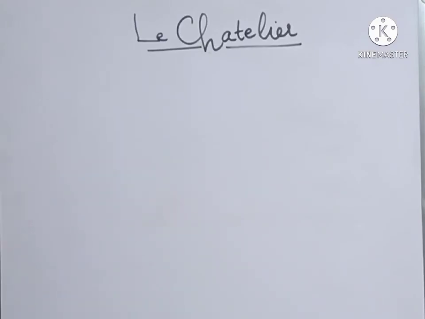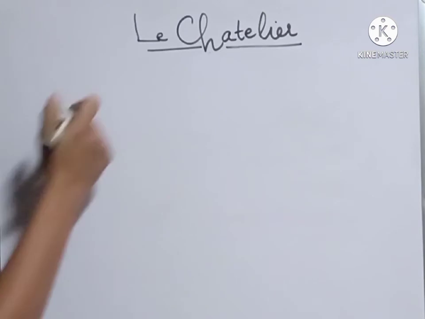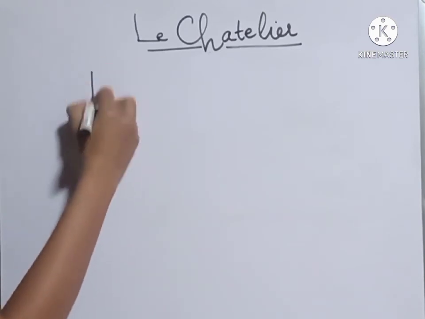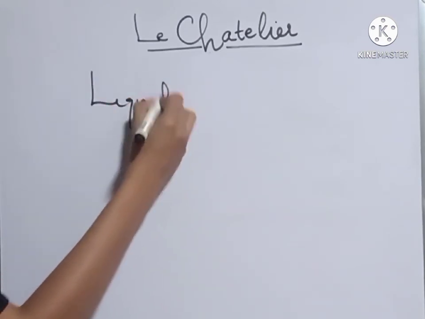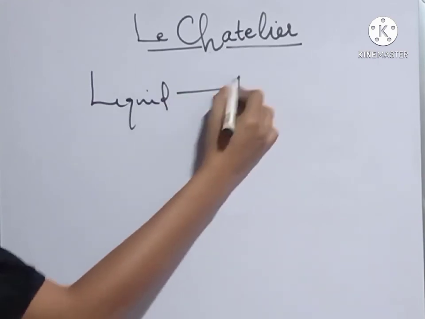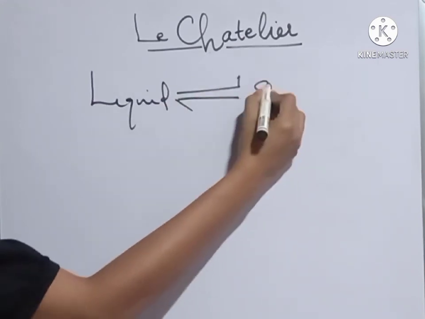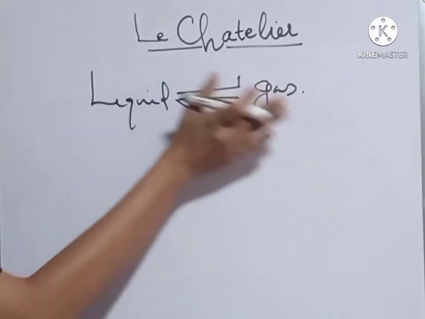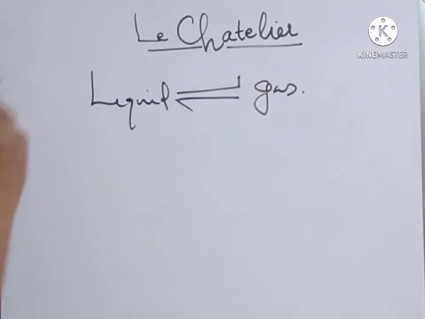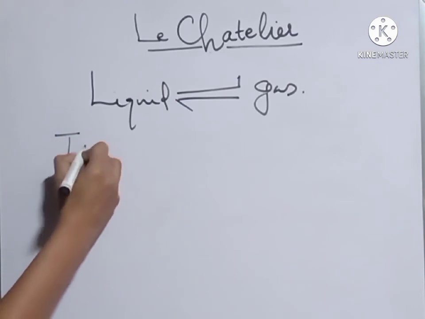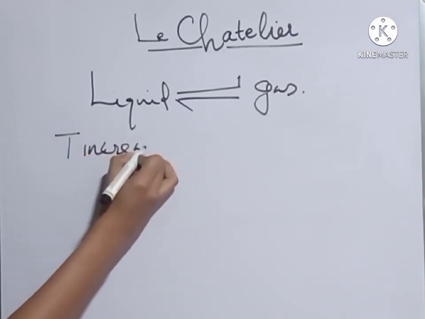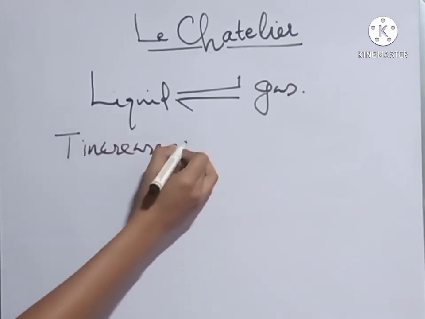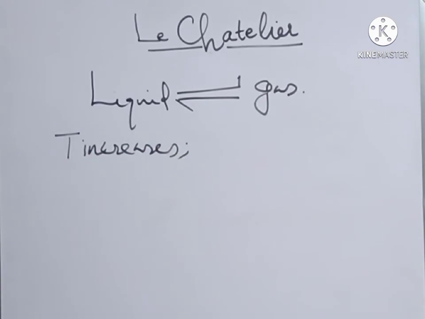So let us take the equilibrium of evaporation and condensation, that is the equilibrium between liquid and the gas. Here in this equilibrium, when temperature increases, as we already told, increasing temperature favors the endothermic reaction.